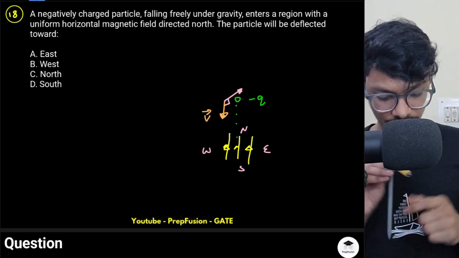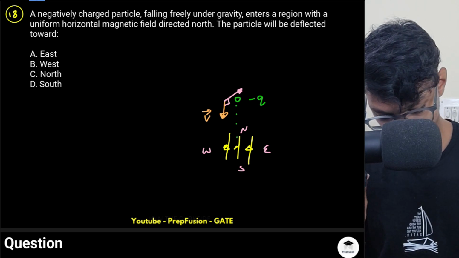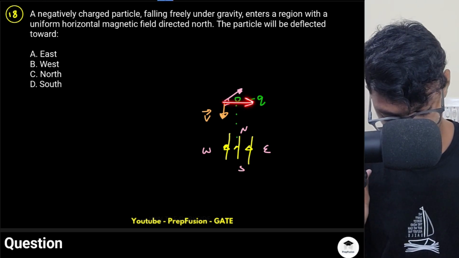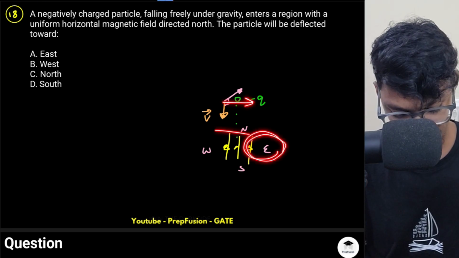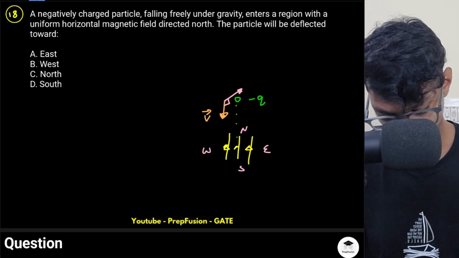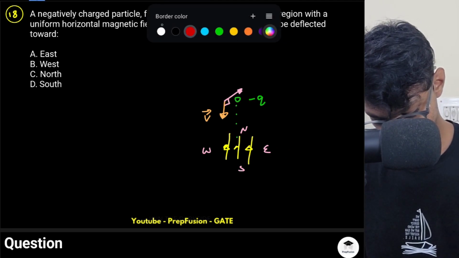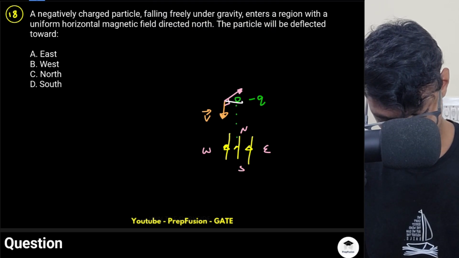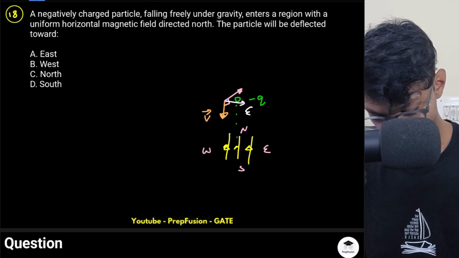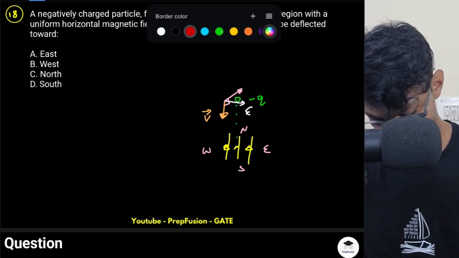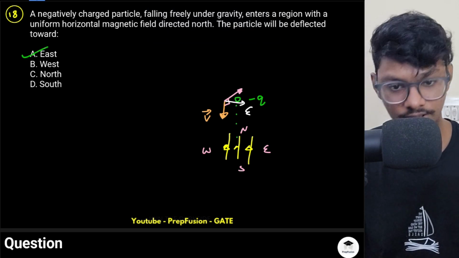That thumb direction is simply on the right hand side. What direction is it? It is eastward, right? So this will be simply towards east, and you will mark option A, and you will be wrong.